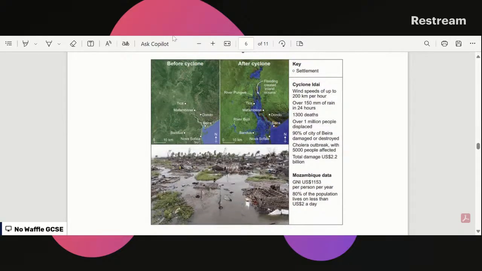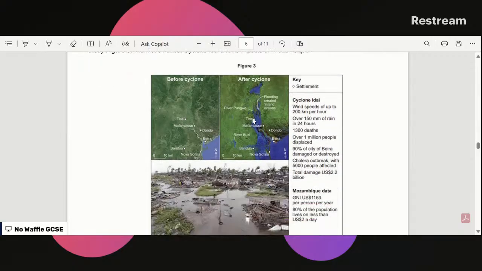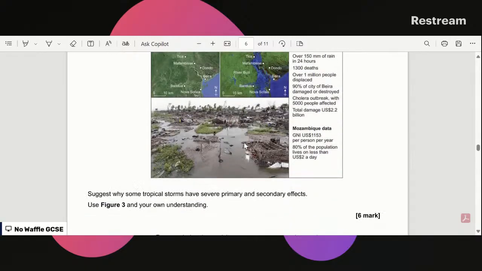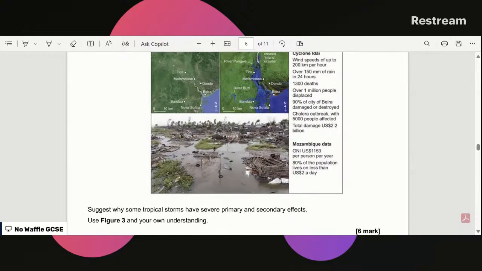So let's quickly look at the figures that are provided. So this is question 6. Okay. So the question is looking at why there are severe primary and secondary effects.